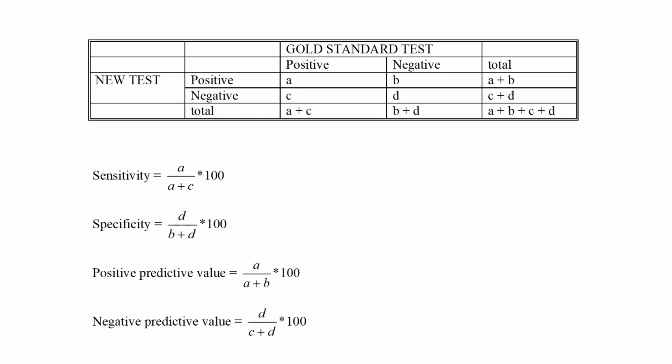High sensitivity and high specificity mean that the test can identify more disease people, and also it can identify non-disease people. That means it can identify disease as disease and non-disease as non-disease. So ideally a test should have high sensitivity and specificity.